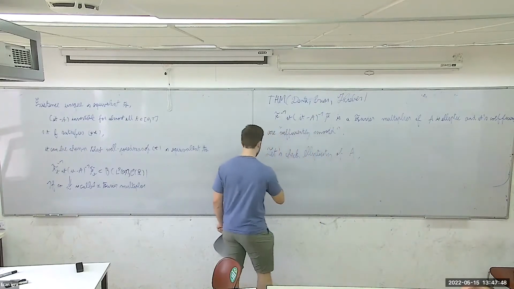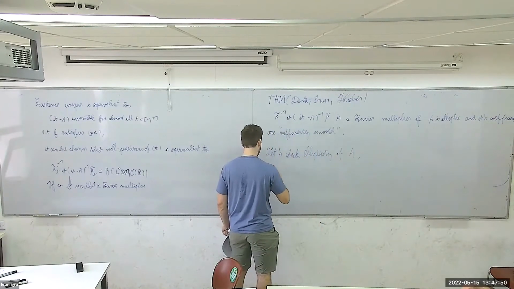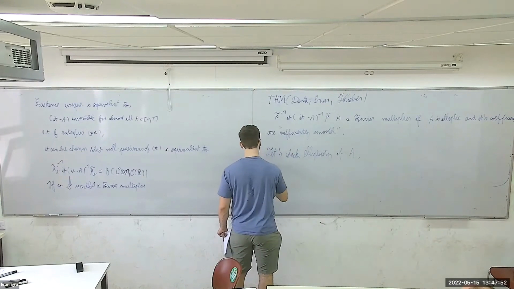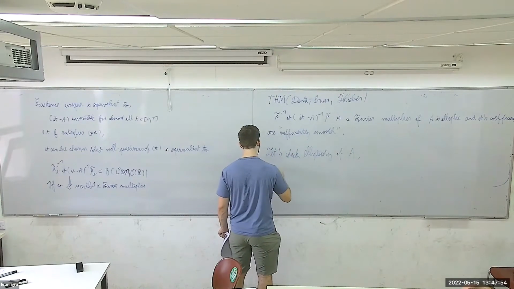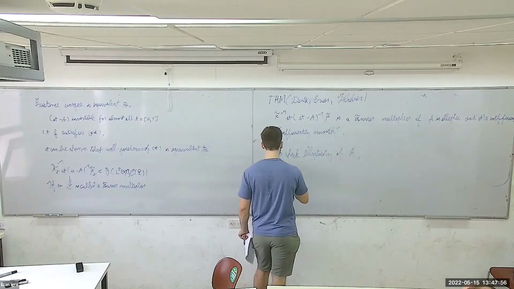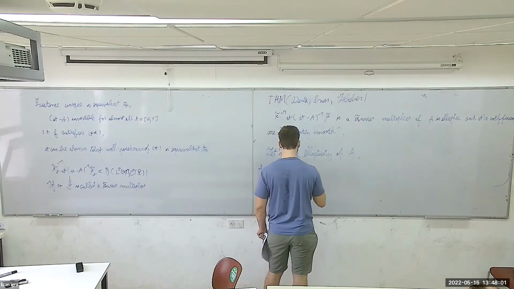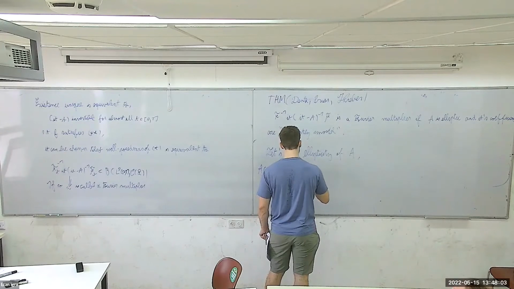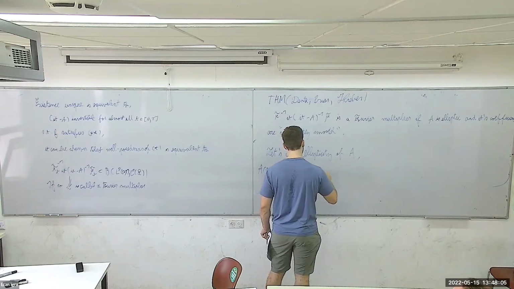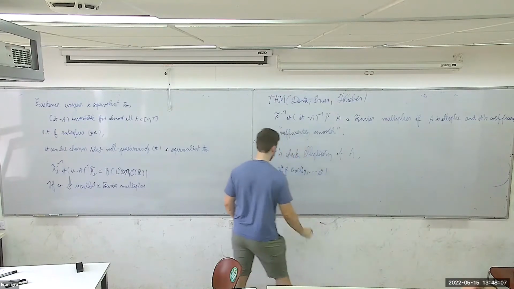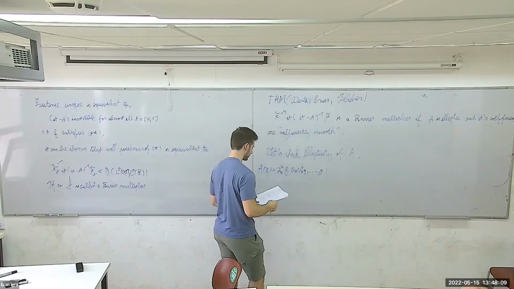So what's A? A of F is equal to root of F times some function G0, and those are all the derivatives.